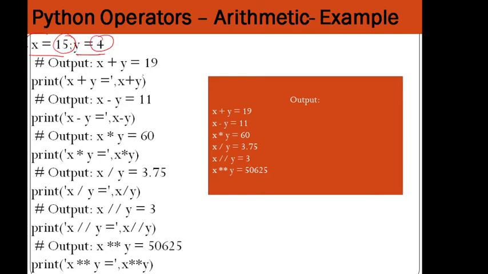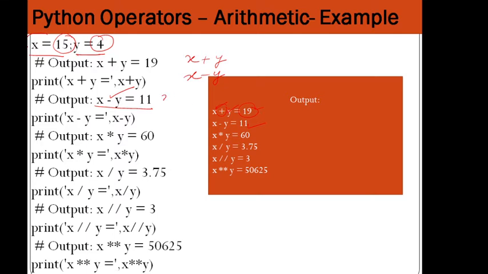We are doing x plus y, so x is an operand, this is another operand, and this is the operator, the summation. We are adding these two and getting 19. Then we are performing the subtraction. This is how we write x plus y, x minus y in Python.